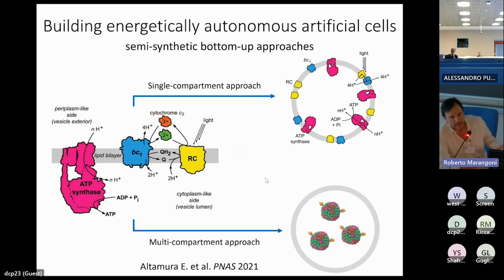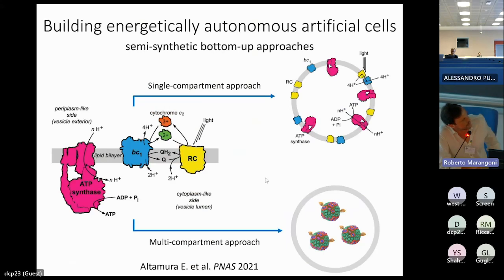It could be very complex because there is a problem also with the orientation in the membrane of these enzymes. We thought that it was better to extract completely the apparatus from the bacteria and encapsulate this apparatus into the giant vesicle.